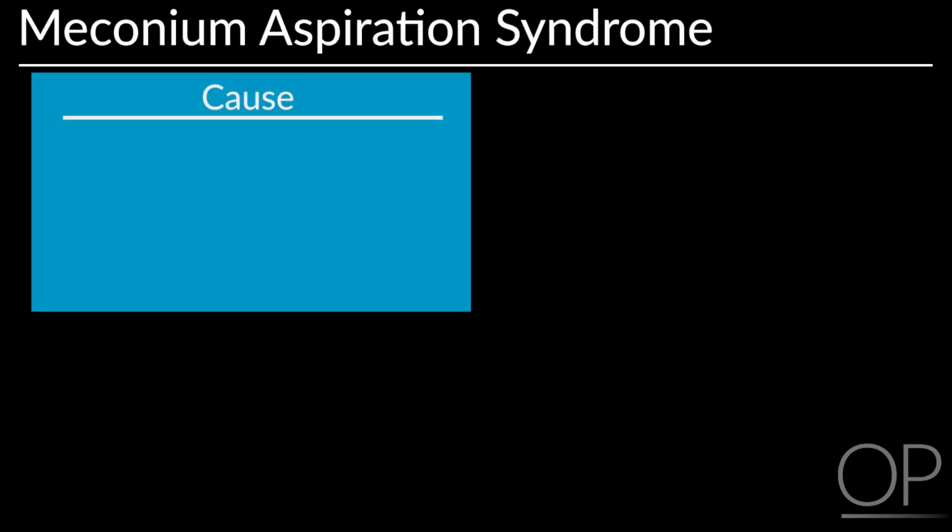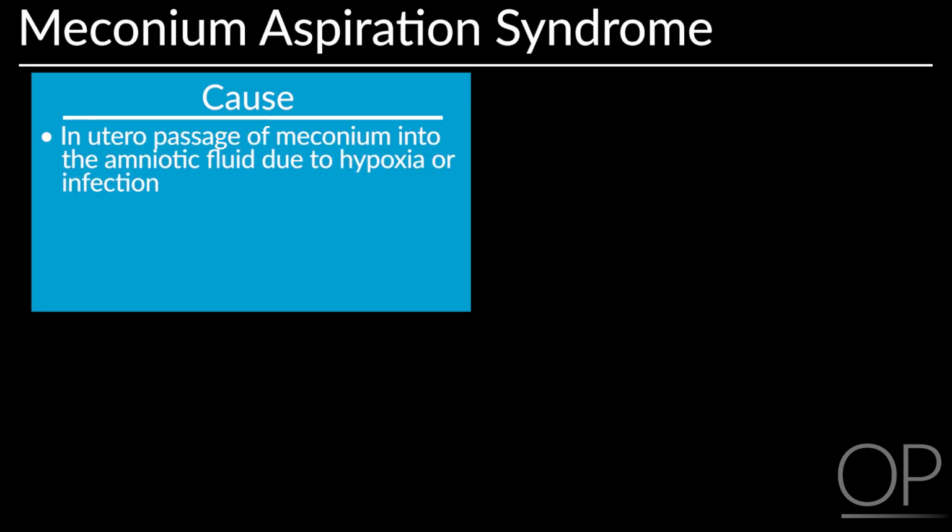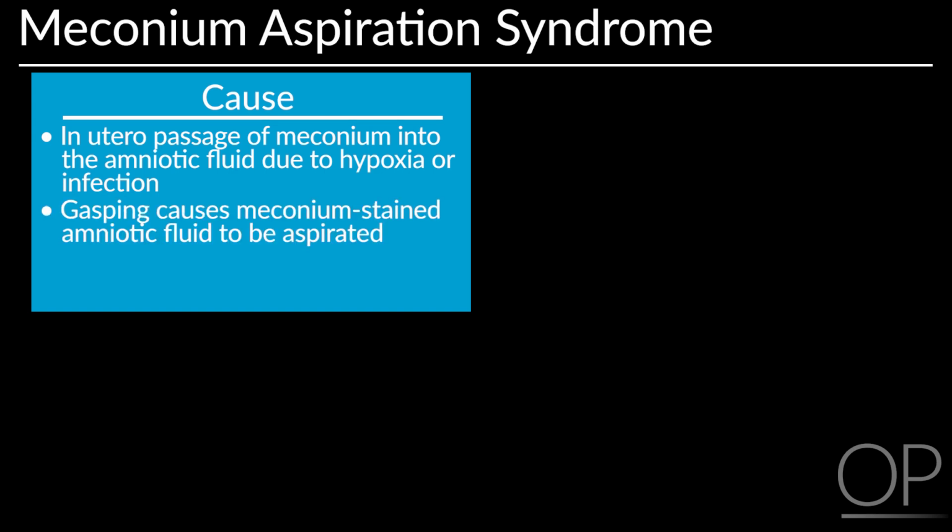Meconium aspiration syndrome is caused by in utero passage of meconium into the amniotic fluid due to hypoxia or infection. Gasping by the fetus or newborn causes meconium-stained amniotic fluid to be aspirated into the lungs. The syndrome is more common in term or post-term infants with fetal distress.